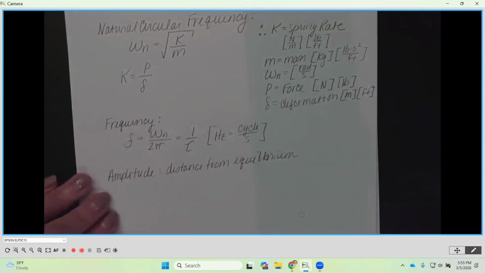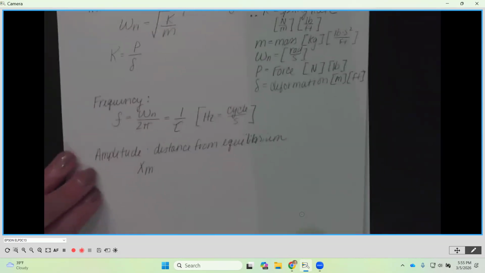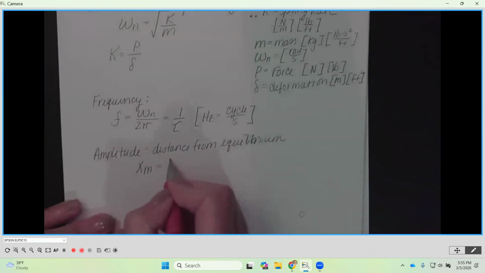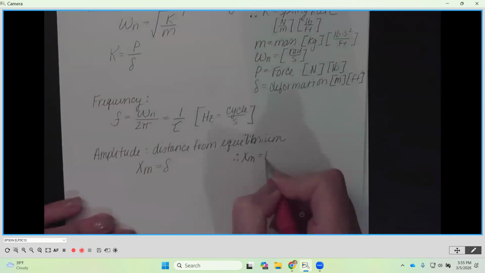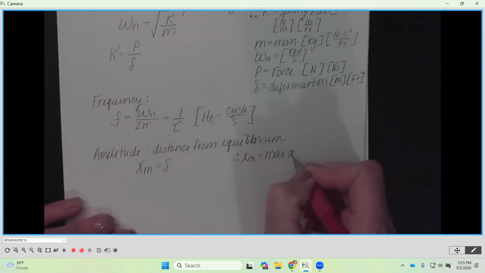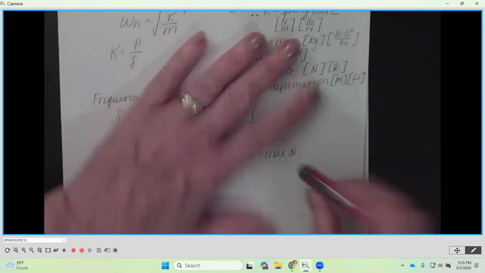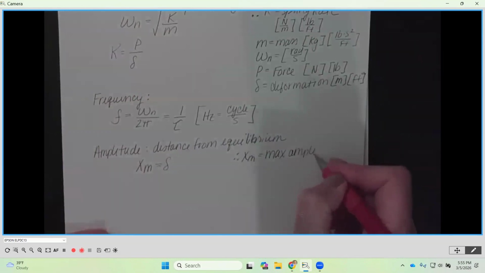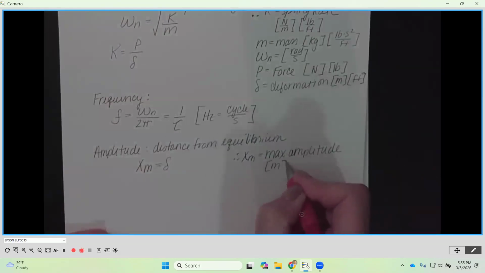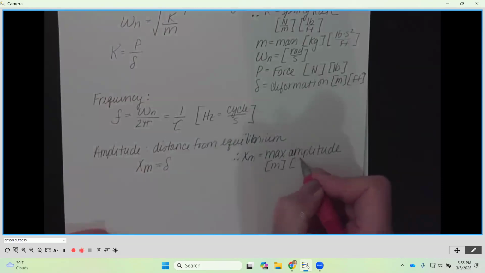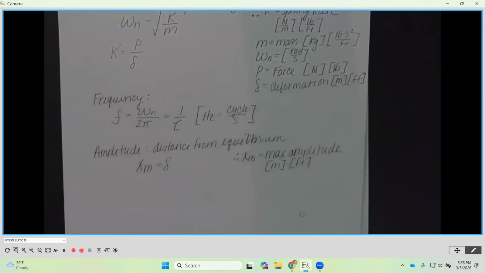So X sub M, maximum distance, can also be equal to deformation, where X sub M is equal to max amplitude. And those units are going to be, again, it's a distance, so it's going to be meters or feet.